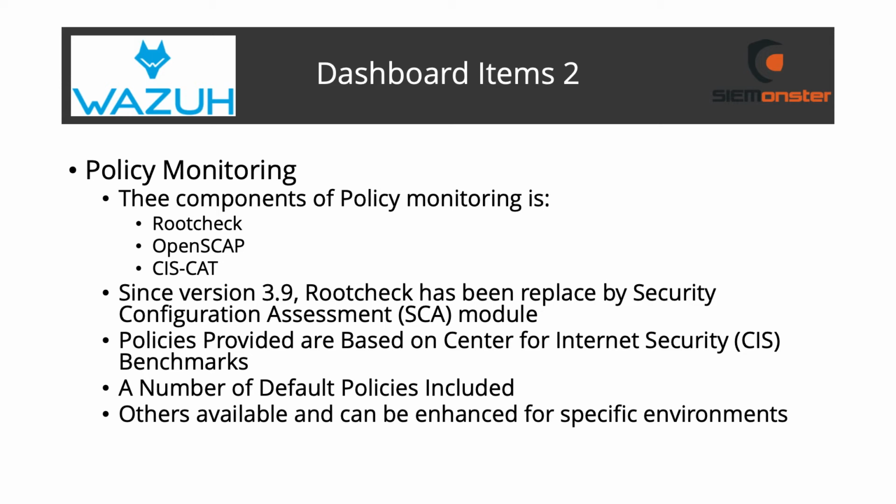Policies provided are based on the Center for Internet Security benchmarks, but they are not the official ones from the CIS Center. Additional items will need to be purchased if you want further benchmarks from the CIS Center, or you can construct your own, which we will get into later. A number of the default policies have been included, and others are available and can be enhanced for specific versions.